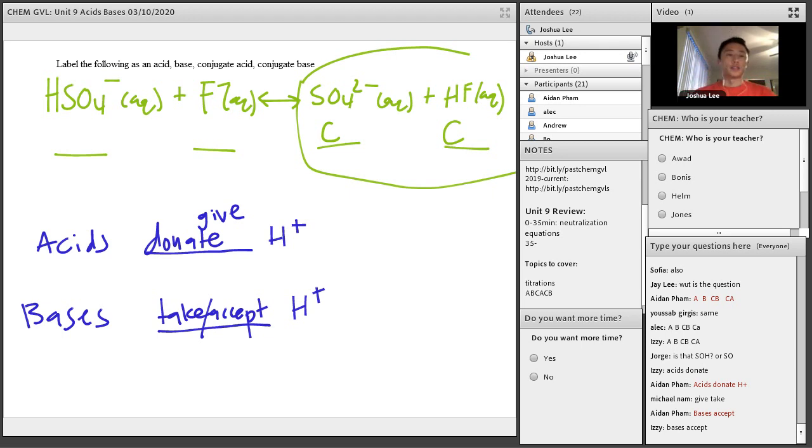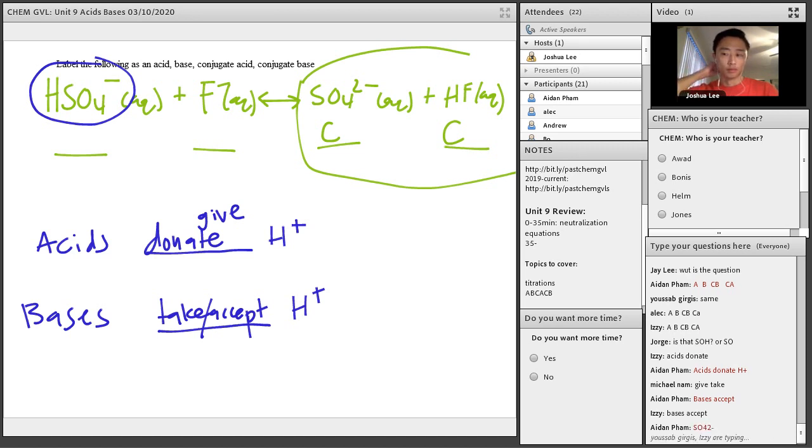So let's look at this first example. We have HSO4 minus, and we look on the product side, it most likely became what other substance? It most likely turned into SO4 minus, so they're most similar to each other.